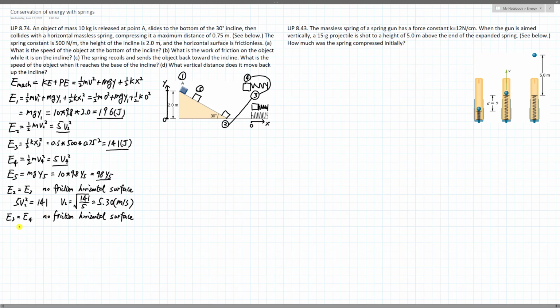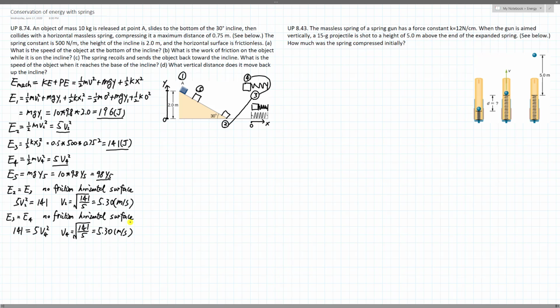And we have the exact same expression, except this side is the 141 side. The other side is 5 v4 squared. So we'll naturally get the same exact thing as v2. 141 over 5, and we still have 5.30 meters per second. Okay, so we're done with mechanical energy conservation.